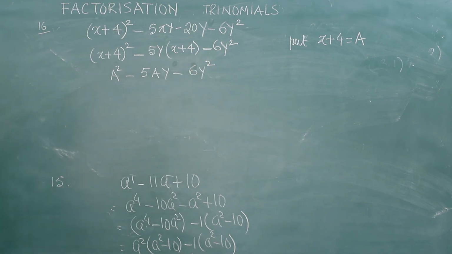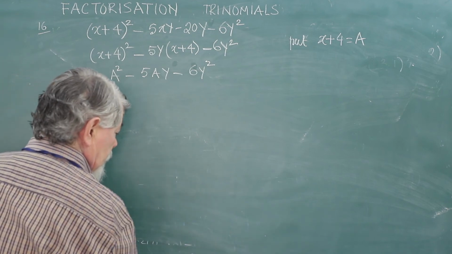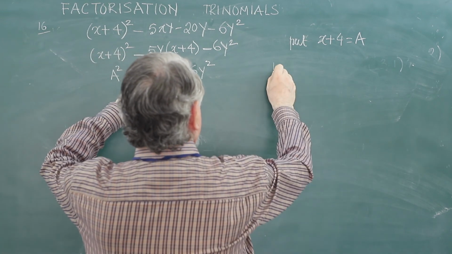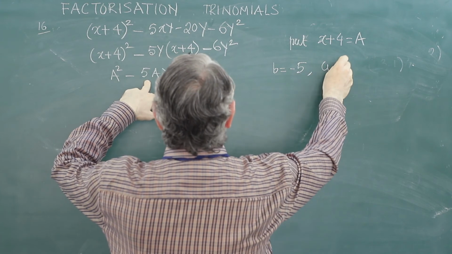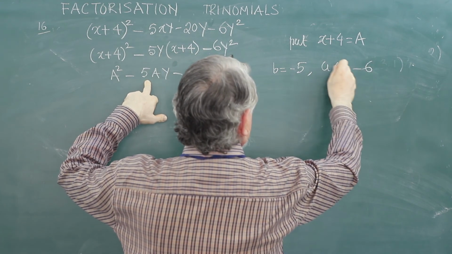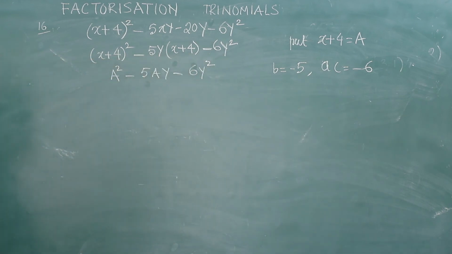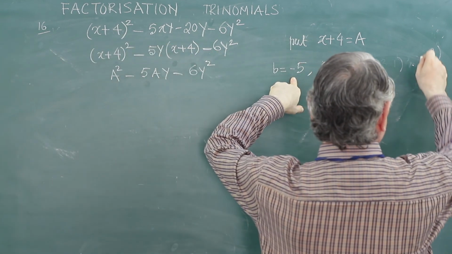So again it is a trinomial. The middle term, or the value of b, is minus 5 and ac is minus 6. Again, when ac is less than 0, both the split terms should be of opposite sign. I have to get minus 5. So what should I get?